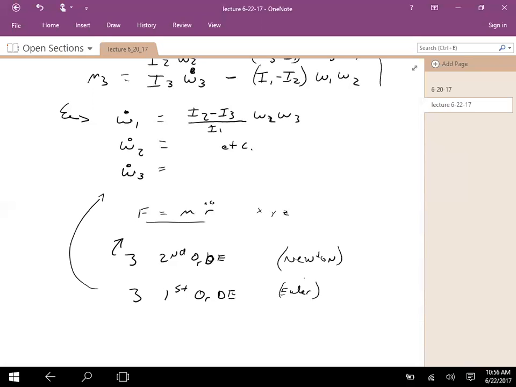So in practice, I'll cast this into 2 times 3, or 6, first order differential equations, plus the 3 first order ones. Okay, so there I've got 9, right?